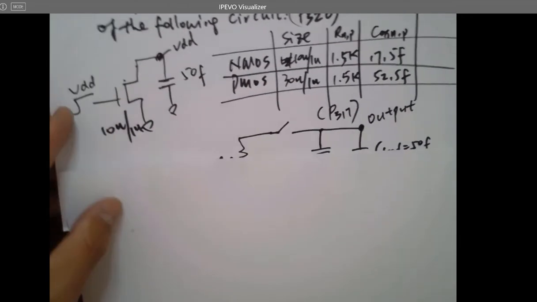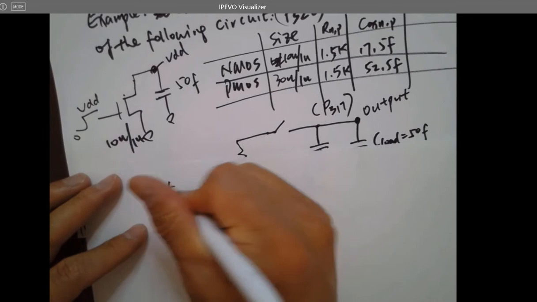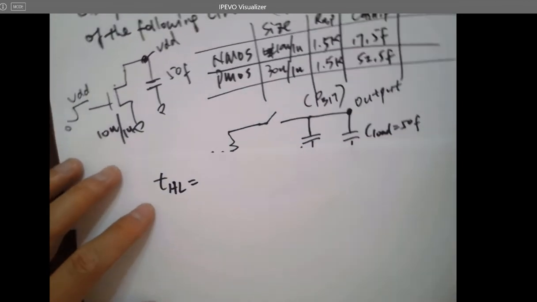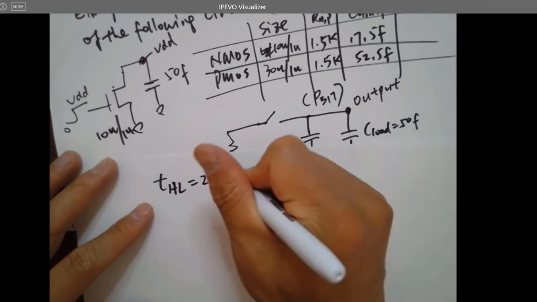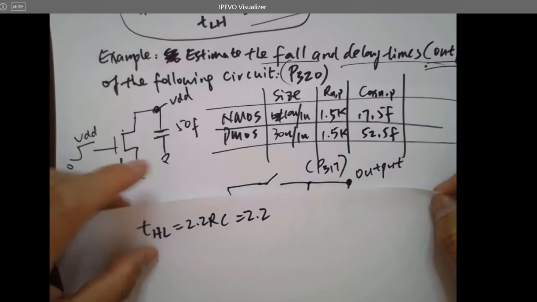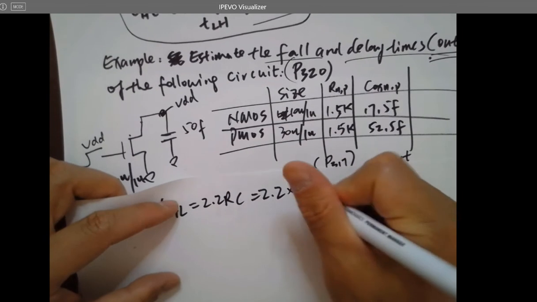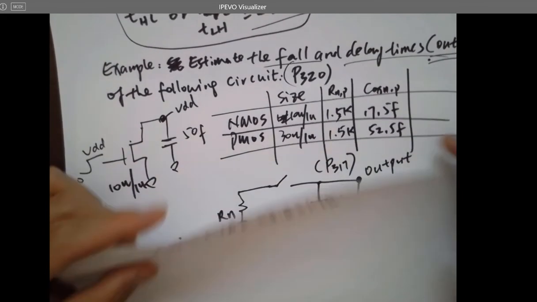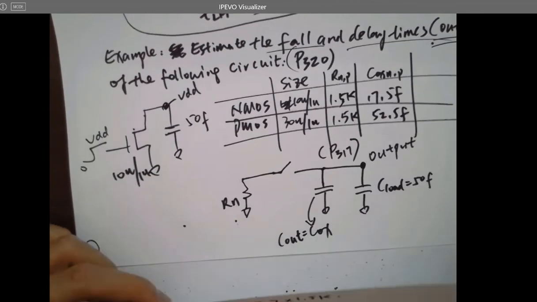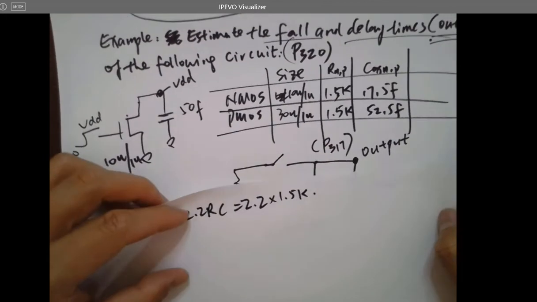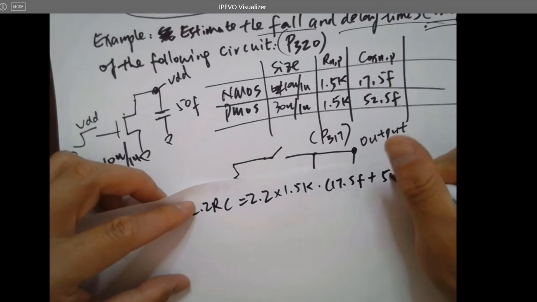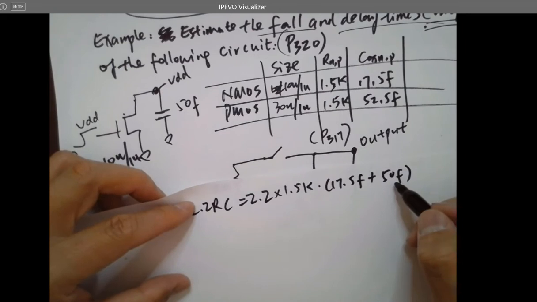So for the first one, the fall time, it's going to be THL, right? THL equals 2.2 RC. So what is R and what is C? R will be 1.5K. C is Cox plus the load, which will be 17.5 femto plus 50 femto for the load.